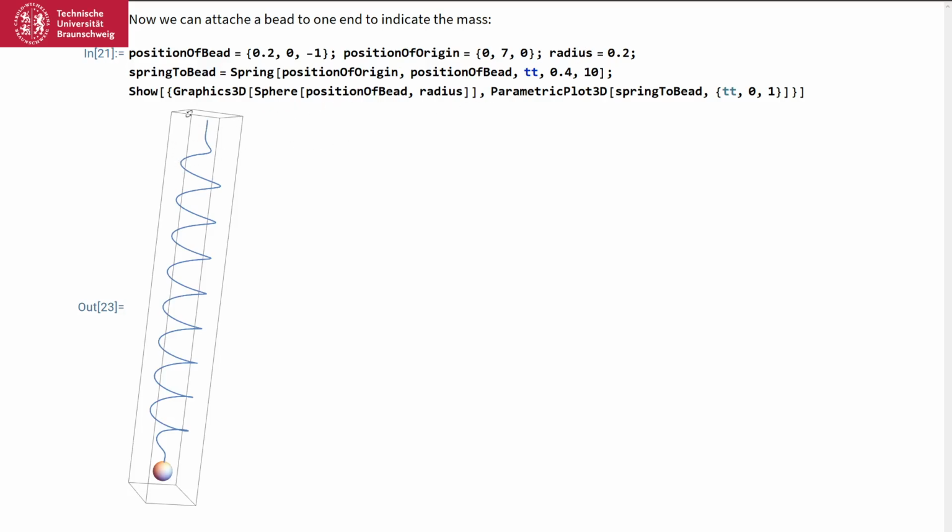Then we can generate graphics of both of them, of a sphere at the position of the bead with the radius. So we make a sphere and we add those parametric plots, both of them together in one graphics, and then we also show it.